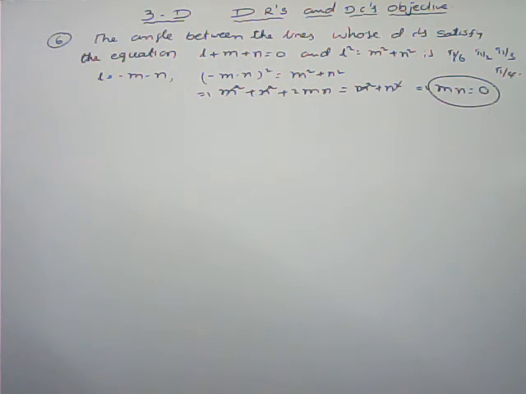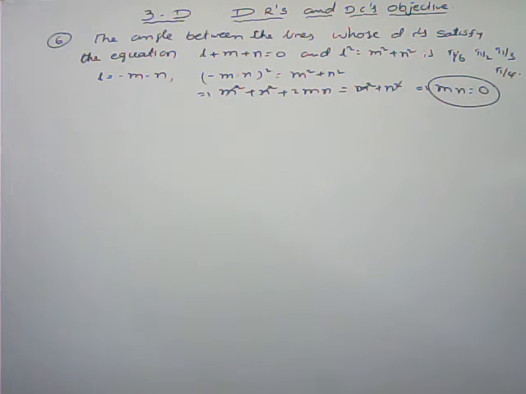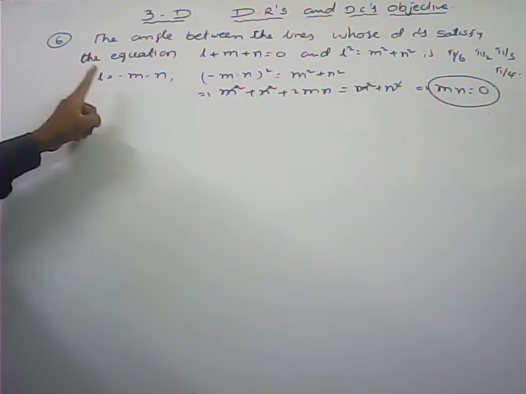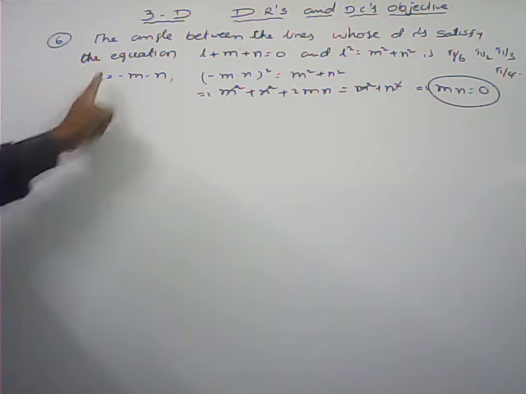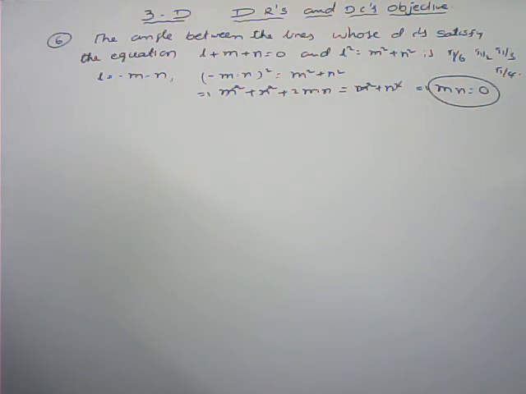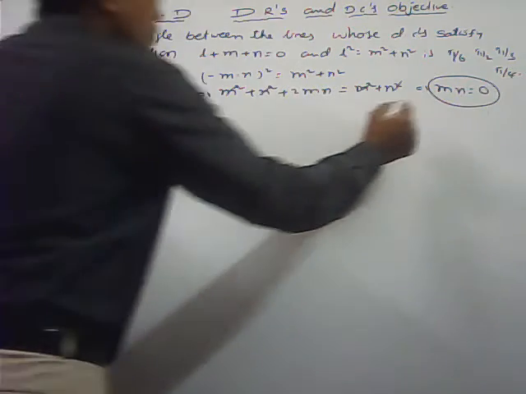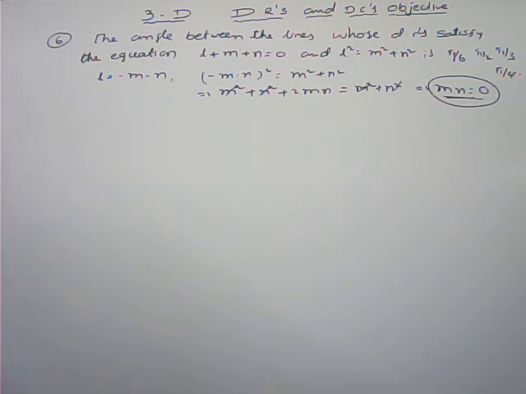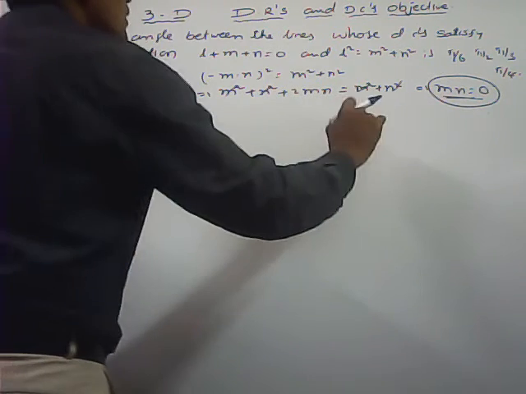Here only two cases arise. We can get two cases from this relation only. From one case we can get the DCs of one line, and in the other case we can get the DCs of the other line only.